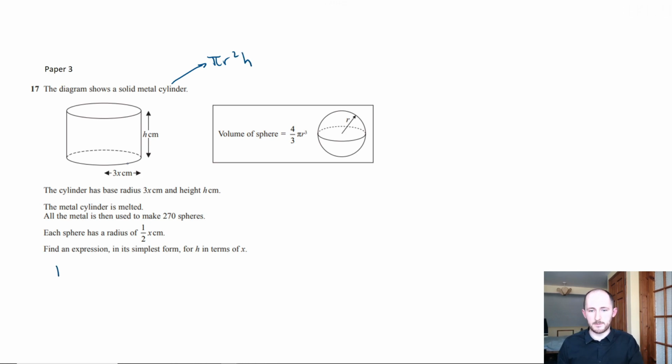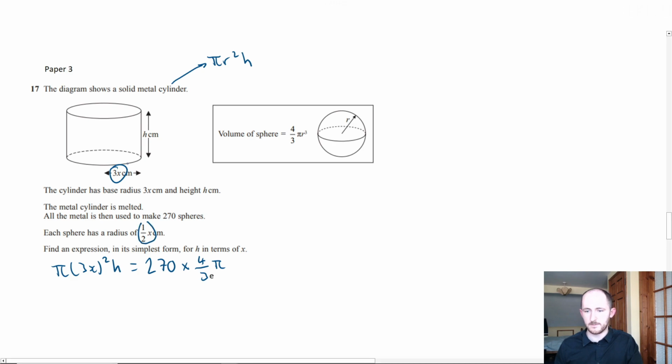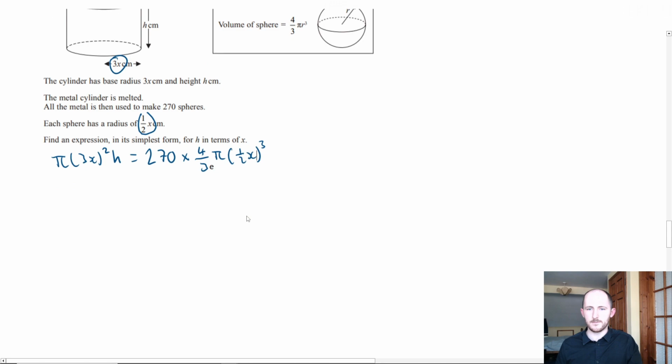The radius is 3x, so pi times 3x squared times h is equal to 270 times 4 over 3 pi, and the radius is a half x, cubed.